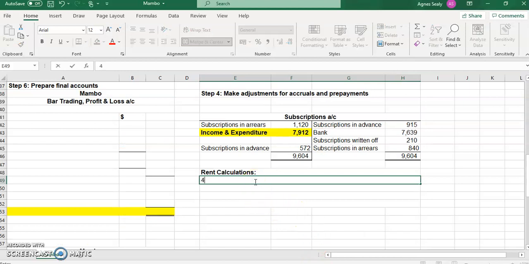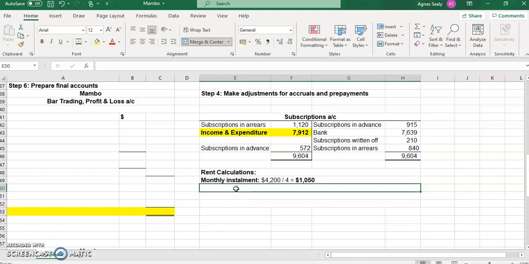You have $4,200 divided by 4 months, and that would give us $1,050. That would be the monthly installment. Okay. Now they're stating that that amount, the $4,200, was for January to April.